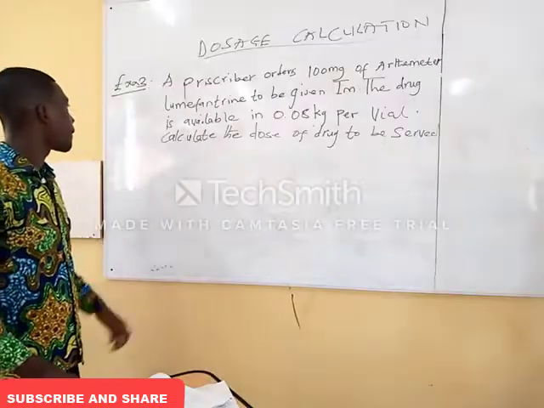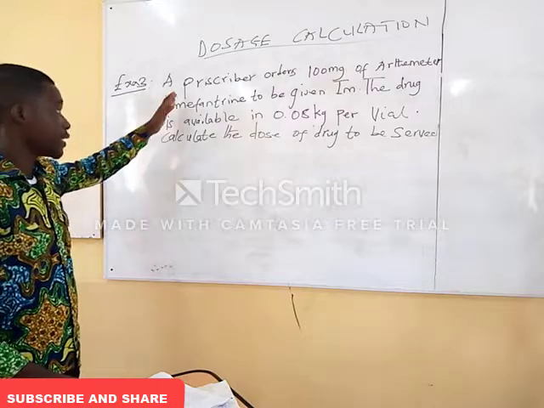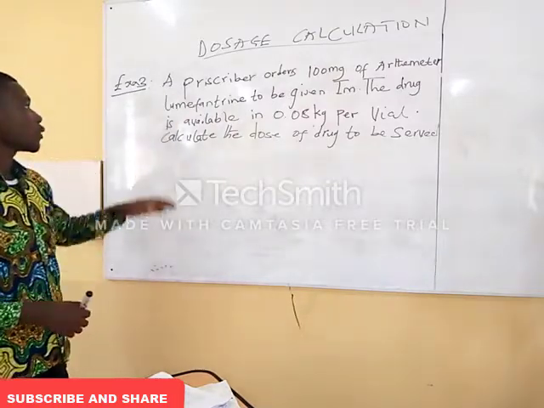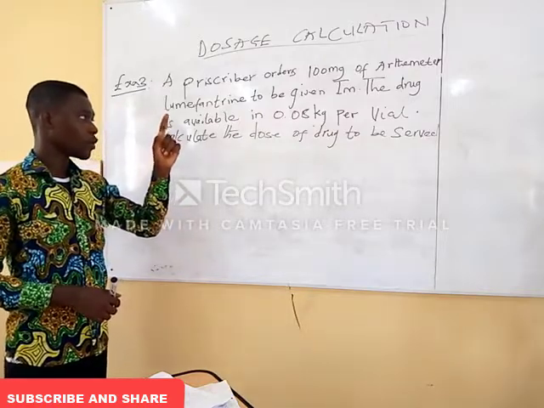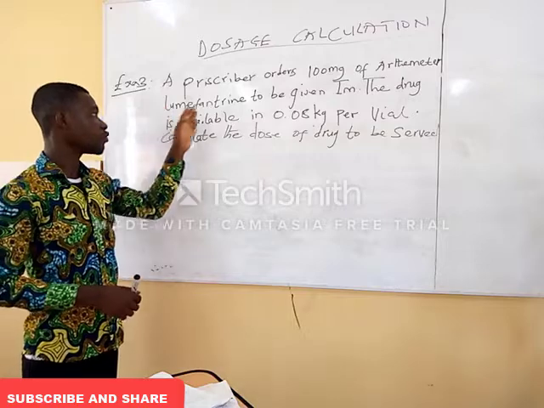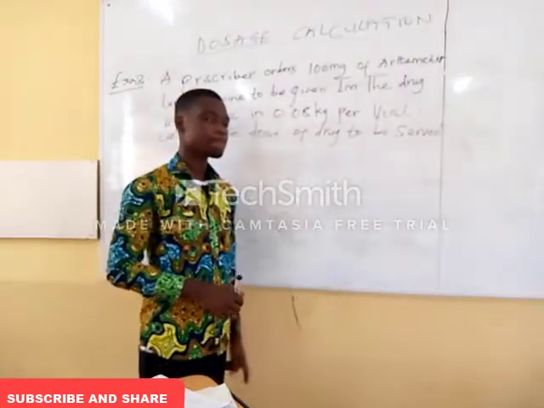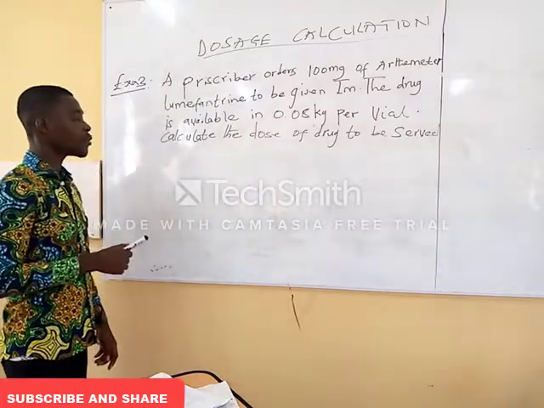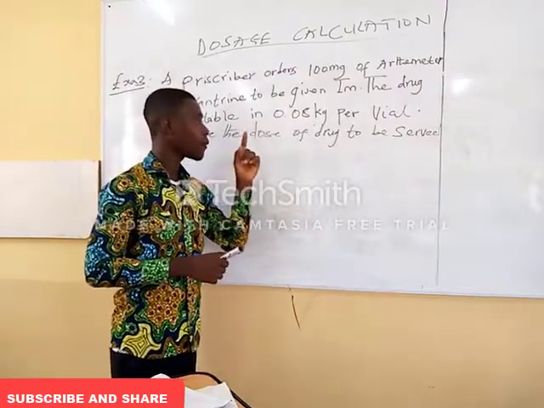Another example is this one. So let's read. A prescriber orders 100 milligram of artemether-lumefantrine to be given intramuscularly. The drug is available in 0.08 kg per vial.